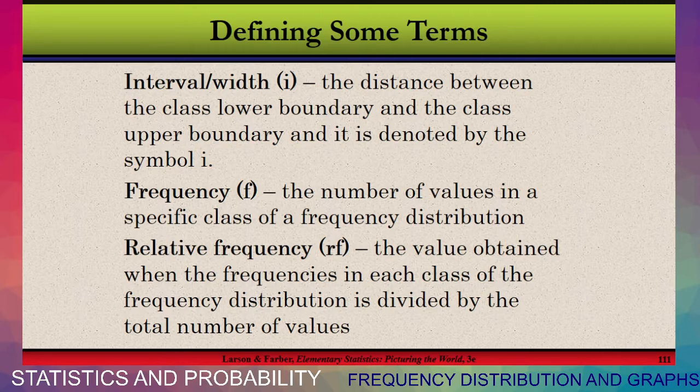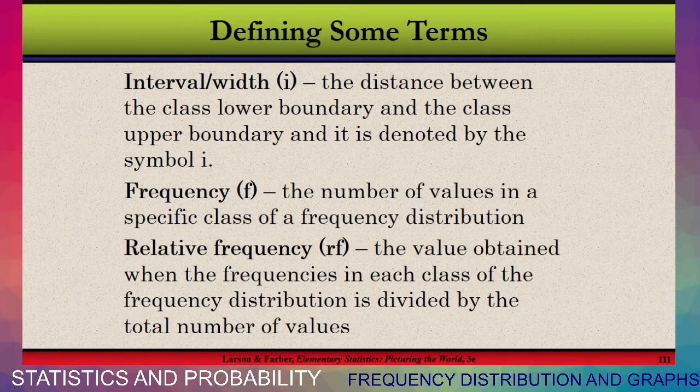Okay? So next, relative frequency. It is the value obtained when the frequency in each class of the frequency distribution is divided by the total number of values. So, si relative frequency naman is nag-derive sa ating frequency. So, ang gagamitin natin dito ay frequency. So, ang gagawin lang natin is, kailangan lang nating alamin yung bawat frequency ng class limits.